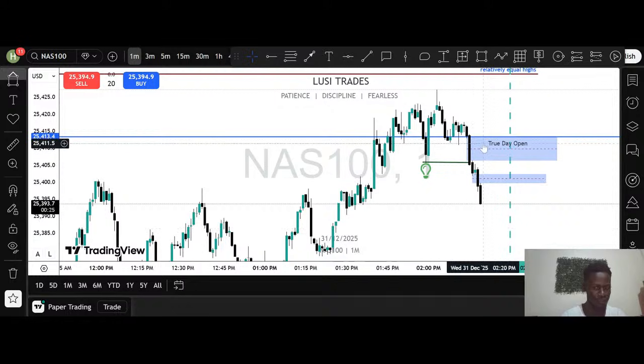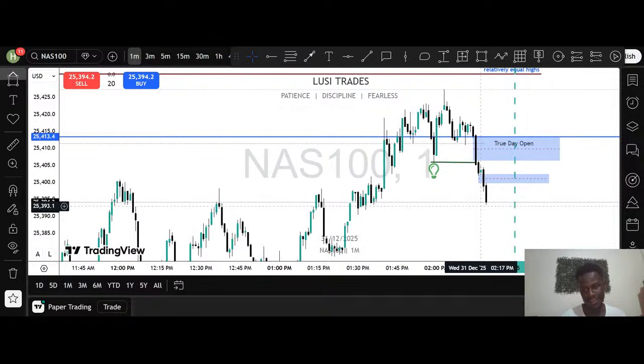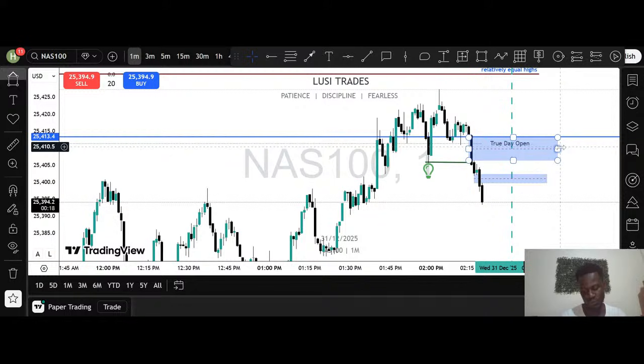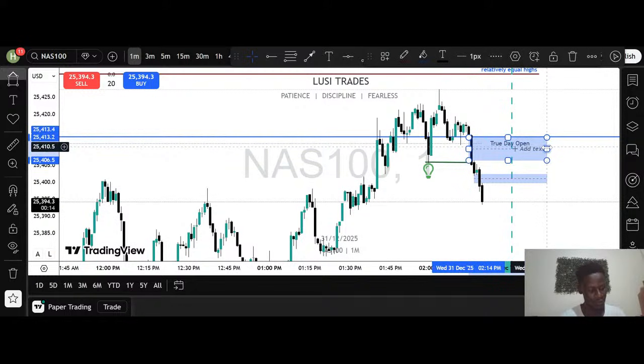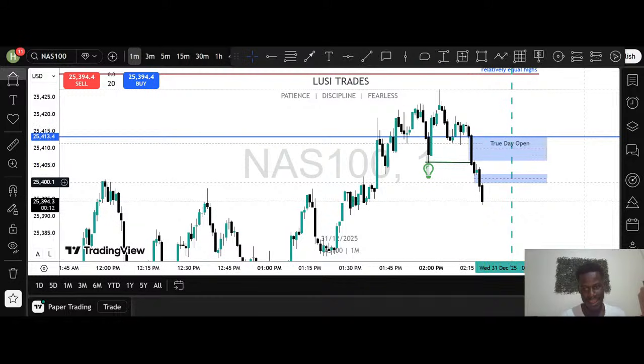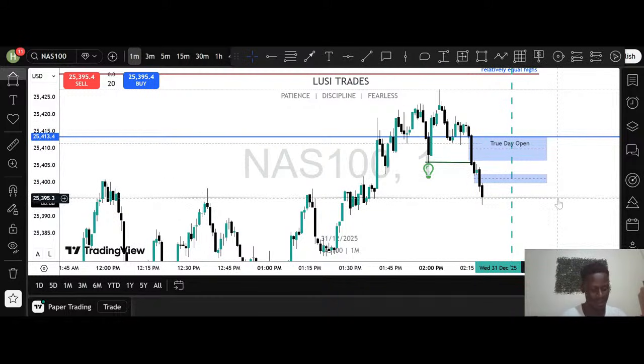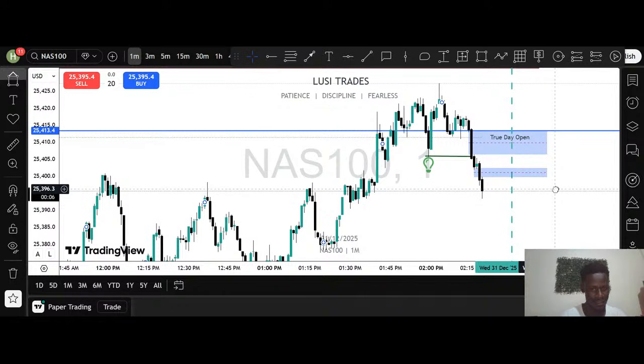But once you can see this, even if I fail to execute, it's still not a big deal because I can still catch entries just anywhere, yeah. So if I miss these ones, what I'm waiting for is time. Maybe there might be a pullback into any of these levels during this time.